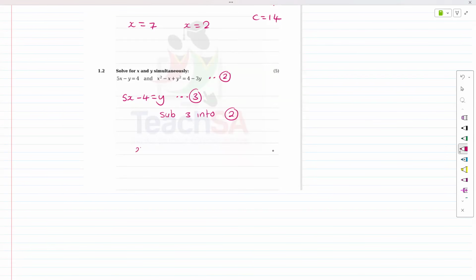And here, that becomes x squared minus x plus y squared. So that's there. And that equals 4 minus 3 into there. Guys, if you do FOIL, remember this is FOIL, open up 2 brackets, okay?